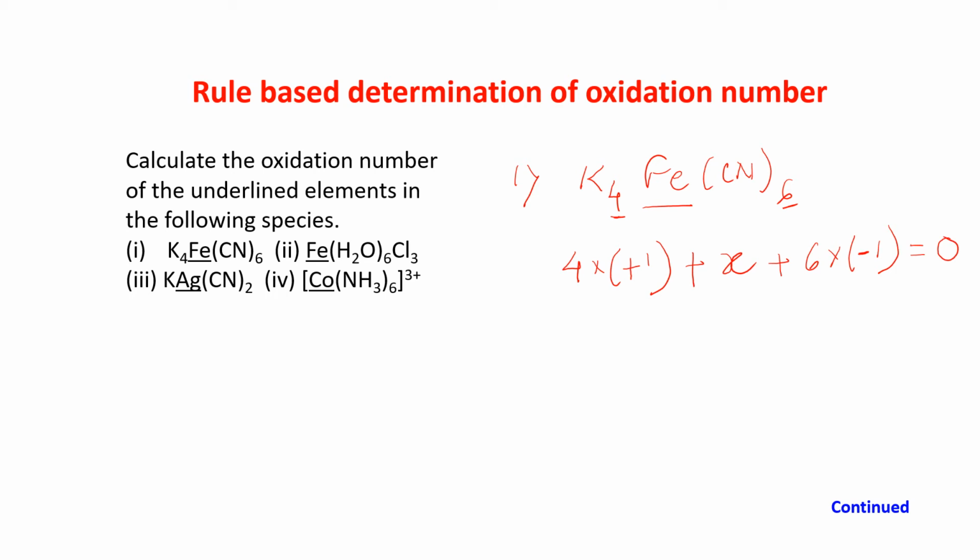Now just solve it. +4 plus x minus 6 is equal to 0, x minus 2 is equal to 0, x is equal to +2. So in this compound, the oxidation number of Fe is +2.